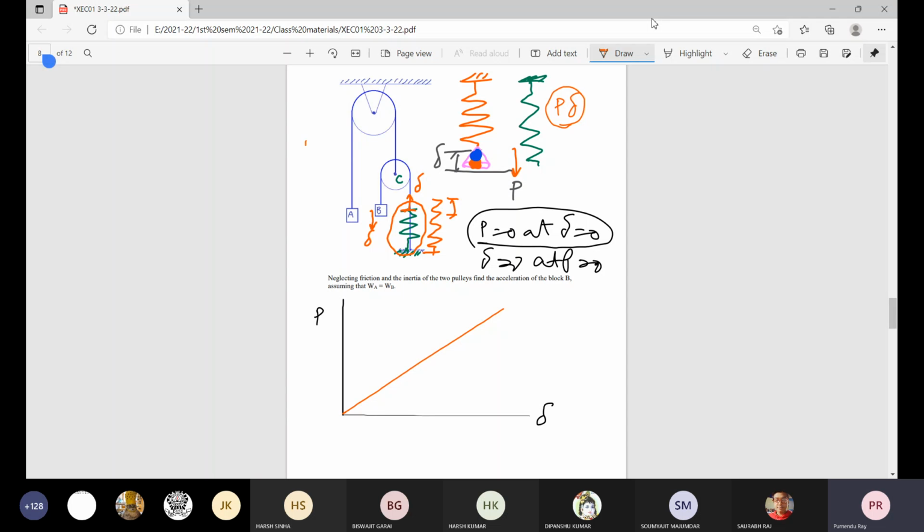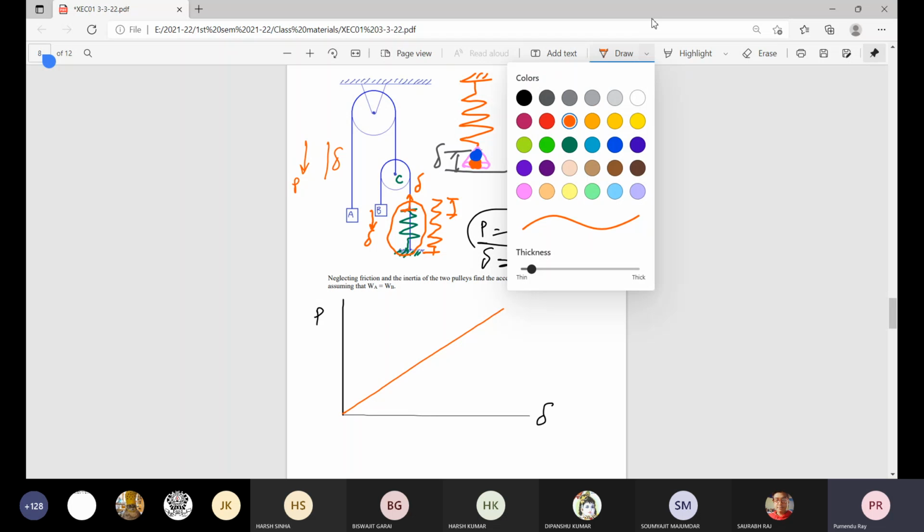When there is some constant force P and we generate a displacement delta, then work done is P delta. But in this case, P is not constant throughout this journey from maximum P to maximum delta. It is varying. Whatever may be the slope, it may be K, it may be M, we will consider it later.